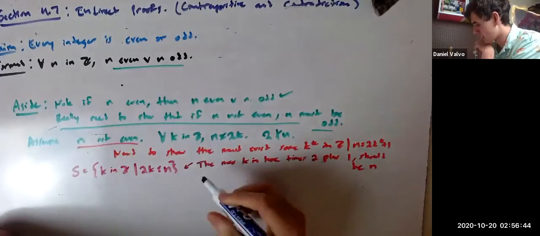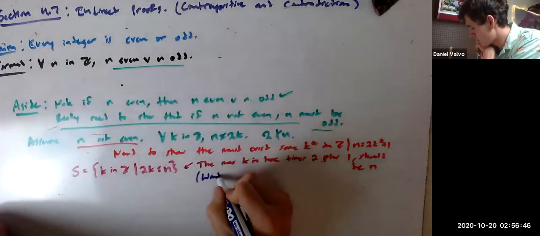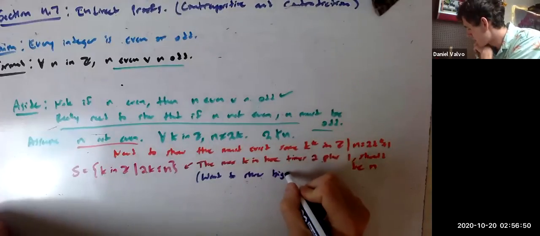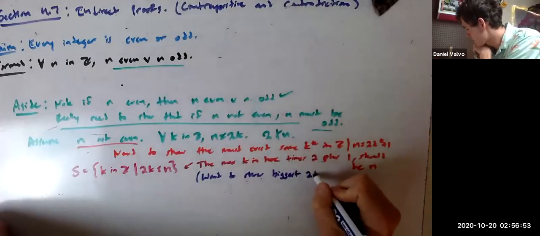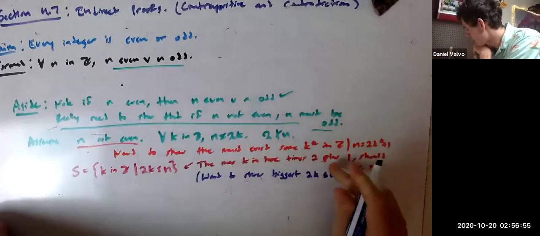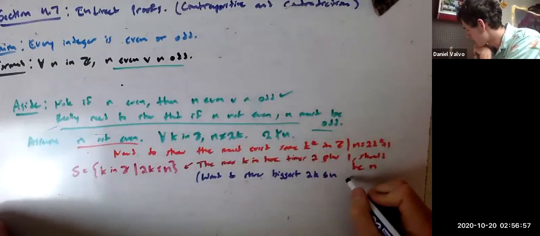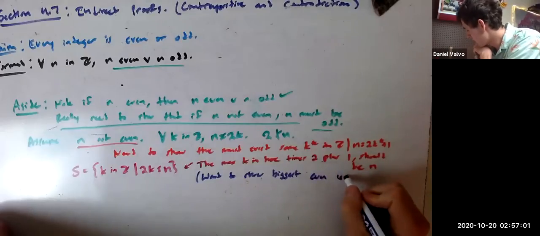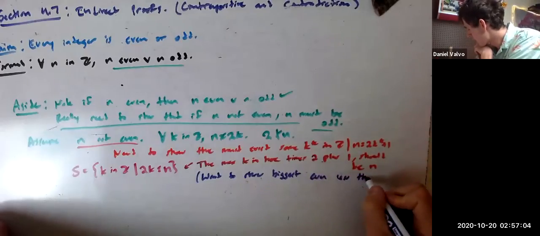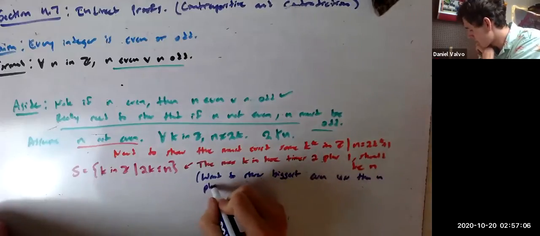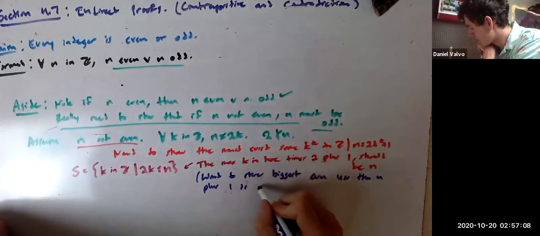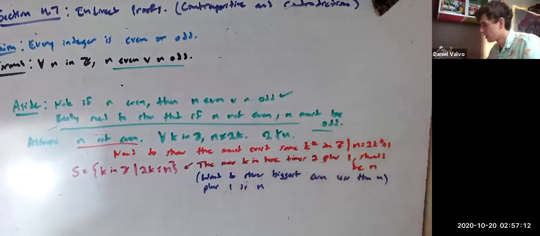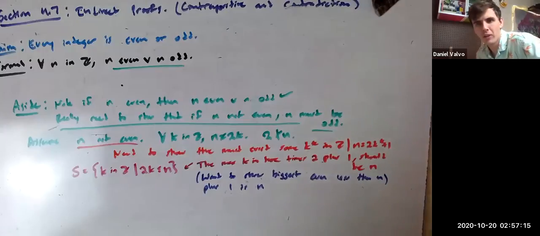Another way to put this is, we want to show the biggest 2k less than n, otherwise known as the biggest even less than n, plus 1 is n. How are you feeling about that?